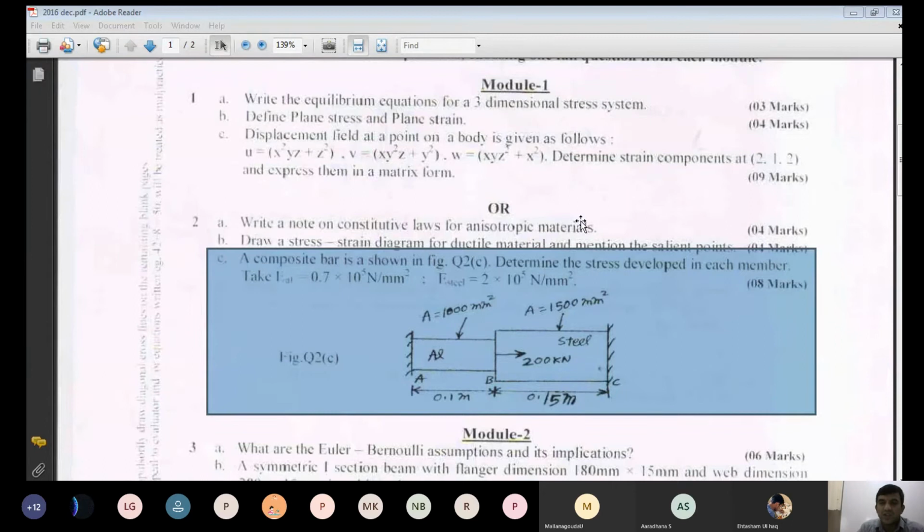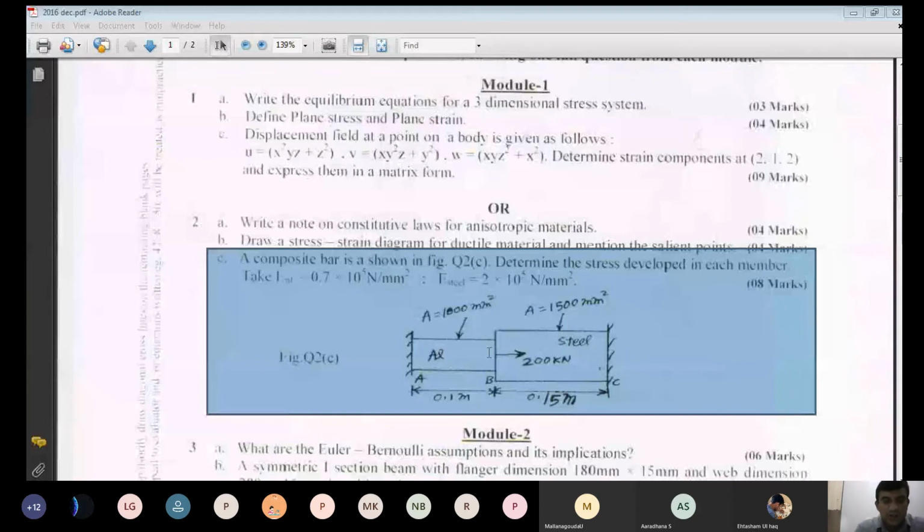What is the sign convention used? Forces acting towards the right are positive, and towards the left are negative. So what will you get?